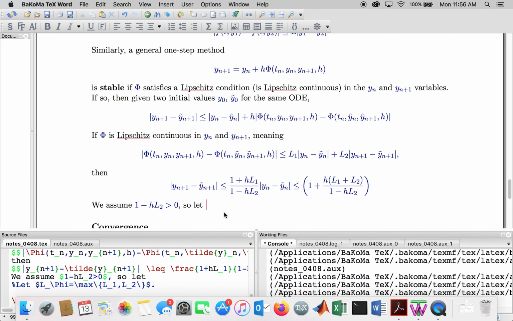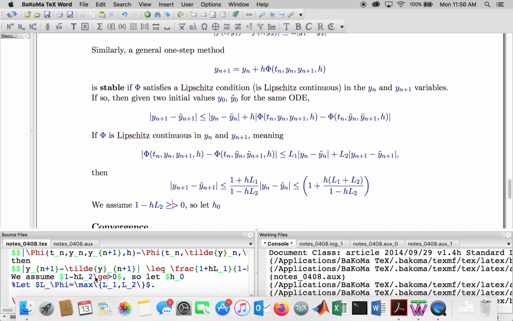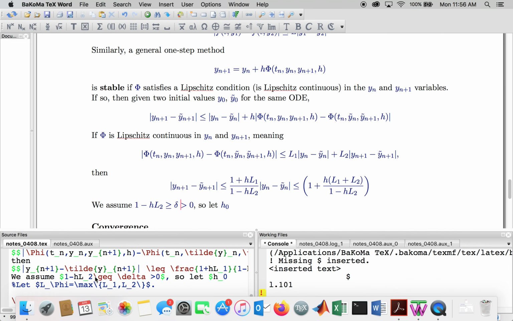So we let h naught be such that this is greater than or equal to some value delta that is positive.